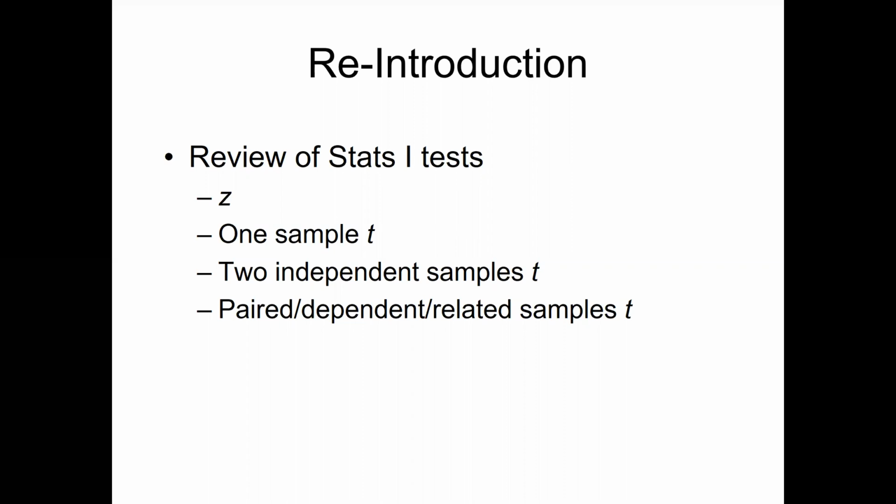So it would be, for instance, when you have a sample of individuals who have taken an intelligence test, you know that the population mean for an intelligence test is 100. Say you're talking about the WISC, and the standard deviation is 15.